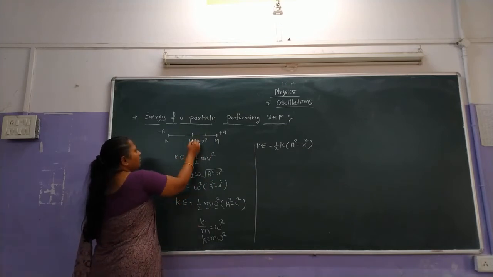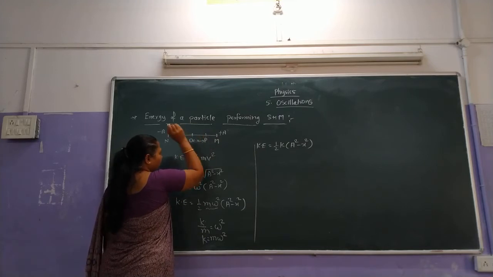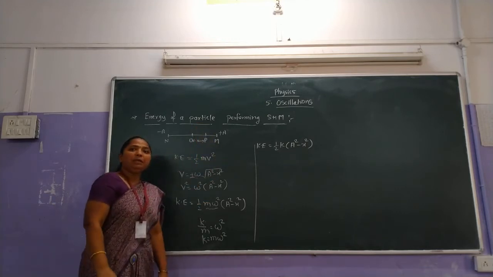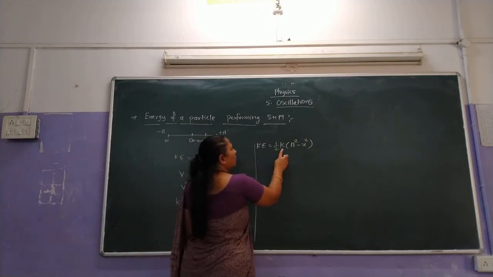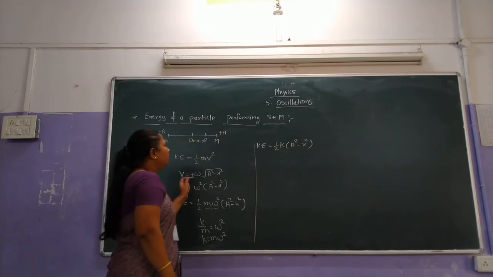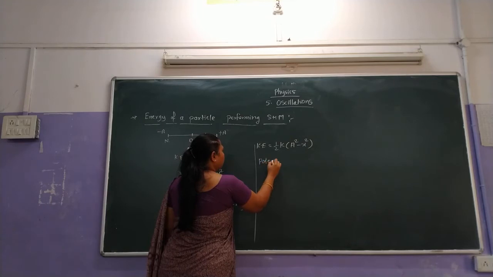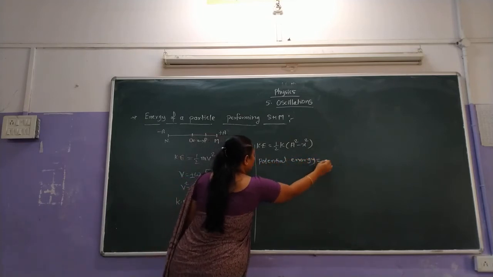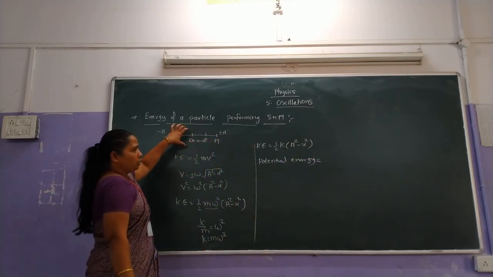If the particle is displaced from the mean position to point P, we calculate the energy of the particle at point P. Its kinetic energy is half k in bracket a square minus x square, and its potential energy is the stored energy.